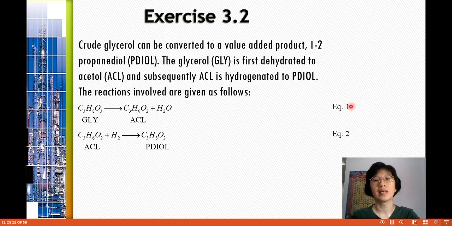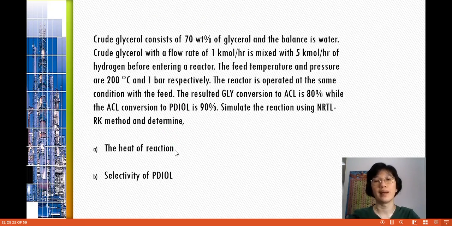Equation 1 here is from glycerol to acetal and water, because it's a dehydration reaction. And then once you get the acetal, it will react with hydrogen to produce 1,2-propanediol.